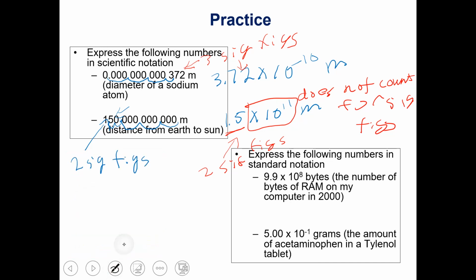So let's look at a couple of examples here where we take something out of scientific notation. So this one I have 9.9 times 10 to the 8th. This tells me this was a large number to start with because it's a positive exponent. So I need to take it out of scientific notation, which means I need to go the opposite direction that I would go if I were putting it in scientific notation.